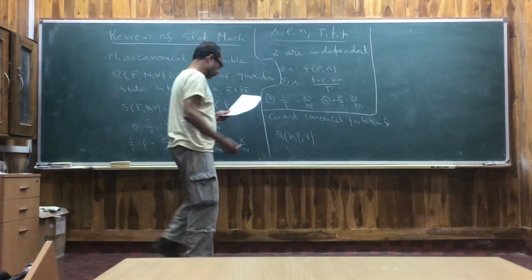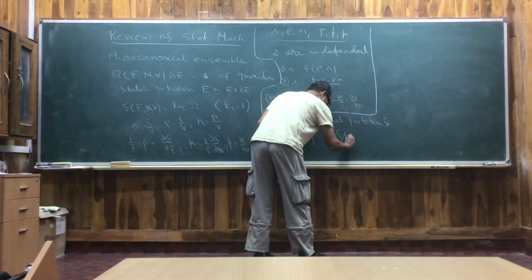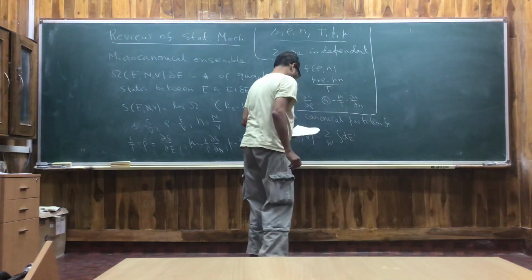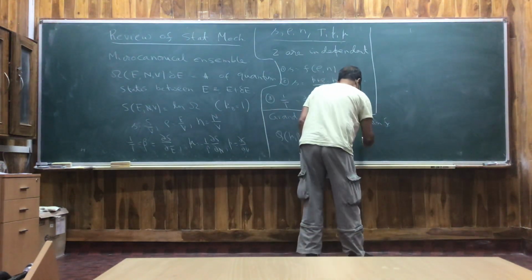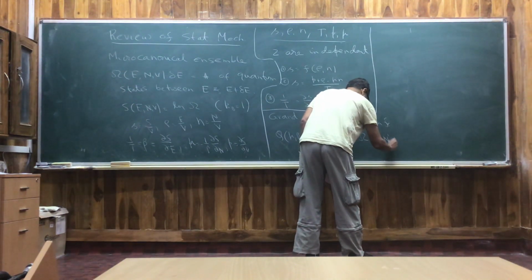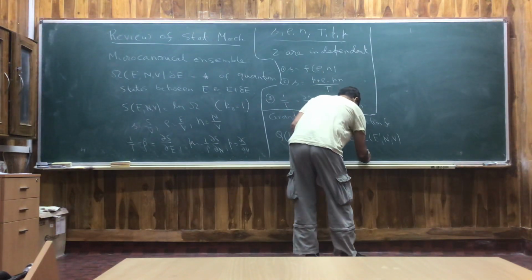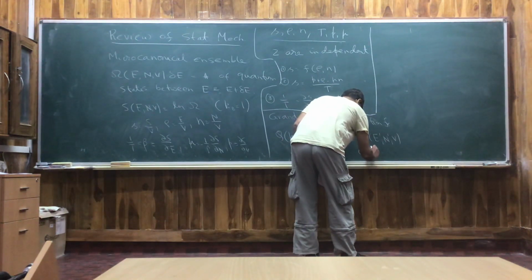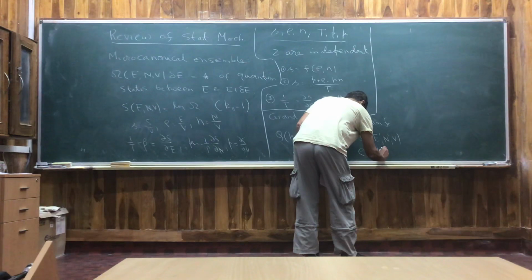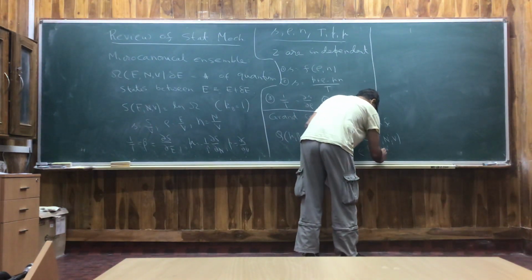This is given by the sum over N prime and integral dE prime of omega(E prime, N prime, V) times e to the power minus beta E prime plus beta mu N prime.